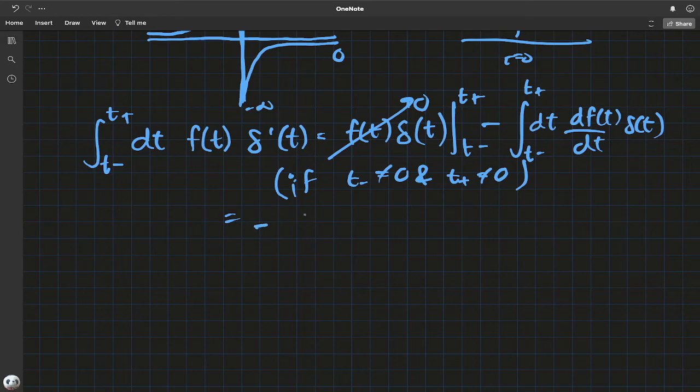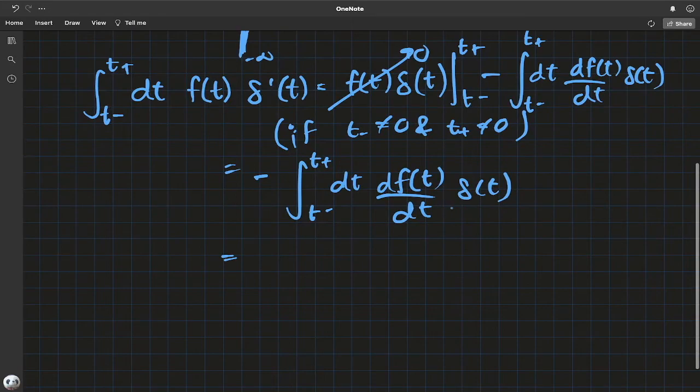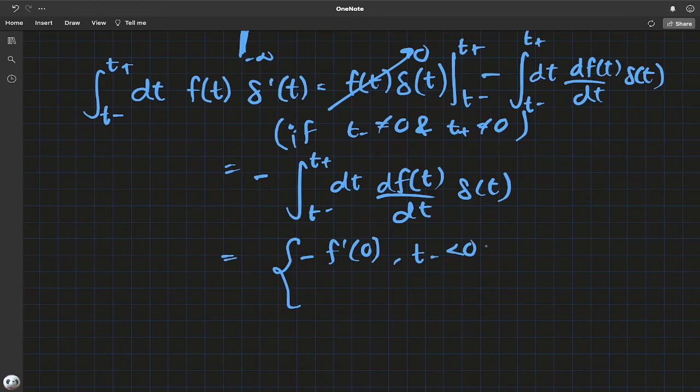We have the second term, which is negative integral from t minus to t plus dt of the derivative with respect to t of f of t, delta of t. This is negative f prime of 0, as long as 0 is in the range between t minus and t plus, and 0 otherwise.